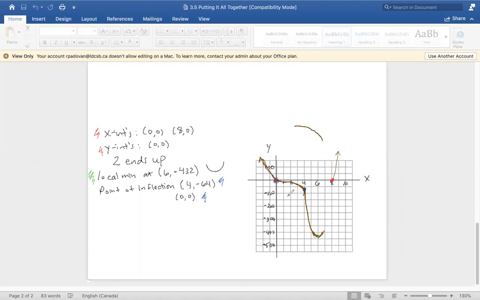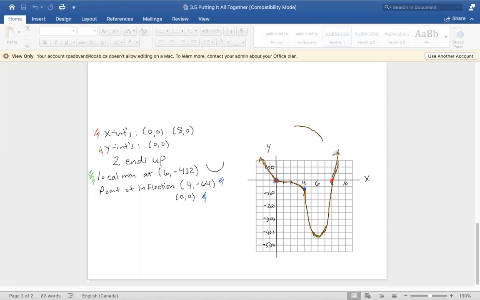And see here also point of inflection 0, 0. I'm going from concave down, switching to concave up. And then again here, that's a minimum point, then I'm coming up. Perfect. And then my ends are up, so I'm ending up.